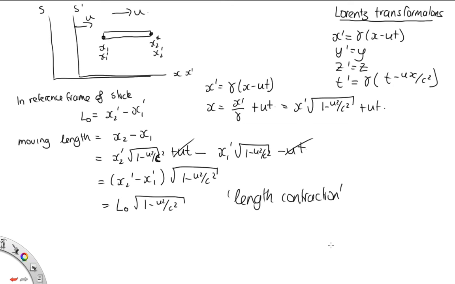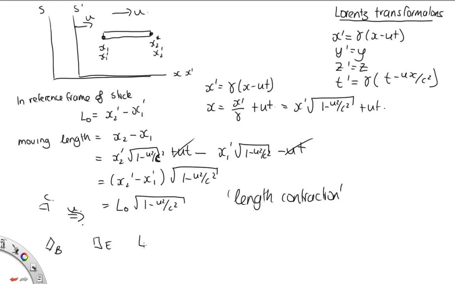So in our Michelson-Morley experiment, where we had BE and BC, and the frames were moving in this direction, U, length contraction will happen along BE, but not along BC.